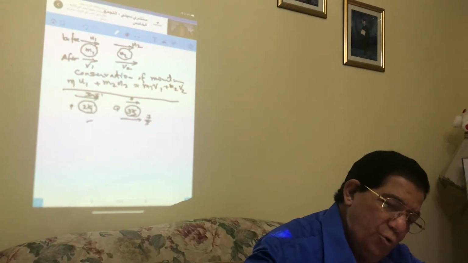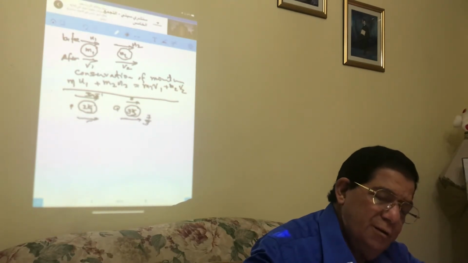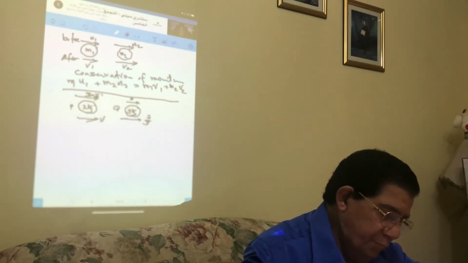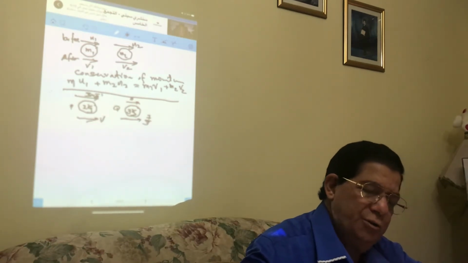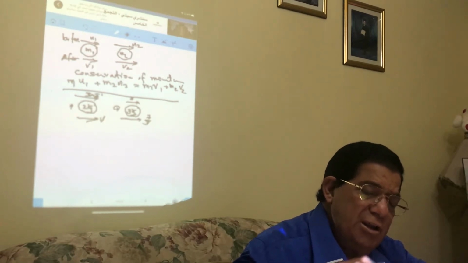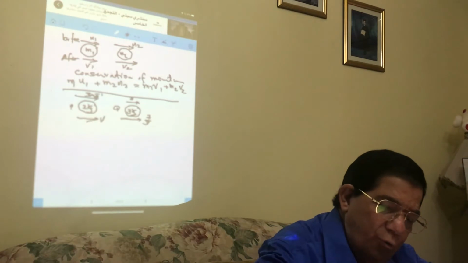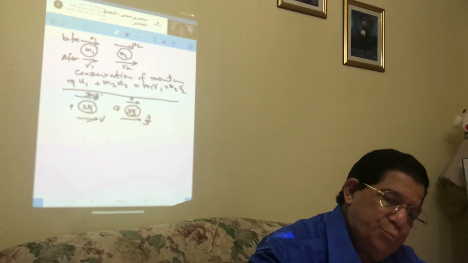We don't know the speed of this particle. The speed of this particle is v. We want the speed of that particle, and its direction. Any velocity we don't know its direction, we consider it positive unless otherwise is proved.